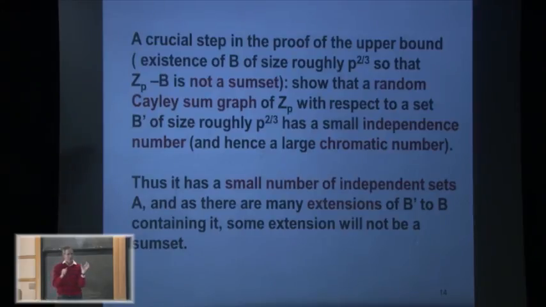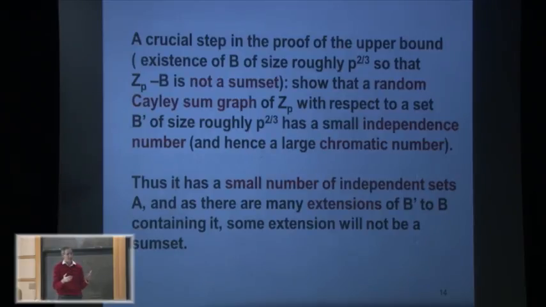Then we know that these elements are already in the complement of the sumset, so they should not belong to A plus A. That means that now A should be an independent set in what is called the Cayley sum graph of Z_p. The Cayley sum graph is almost like a Cayley graph, only we connect two elements if their sum belongs to the set B prime, and not if their difference does. So if I want A plus A to be disjoint from B, then A has to be an independent set in the Cayley sum graph.